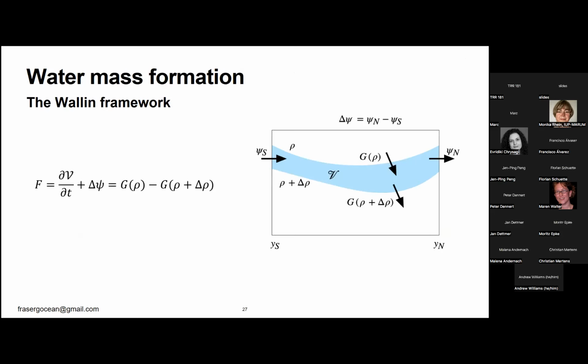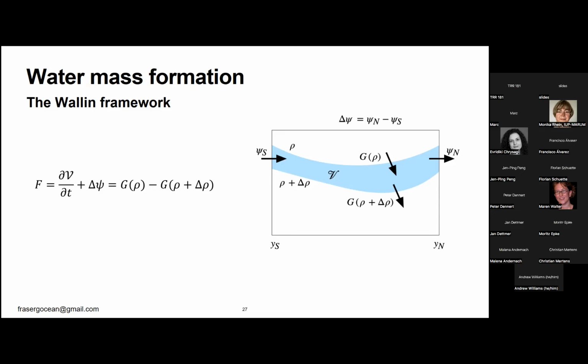One of the questions I'd also been hoping to answer was how much water mass formation and transformation the instability induces. We've seen that we're getting some sort of mixing in these models.